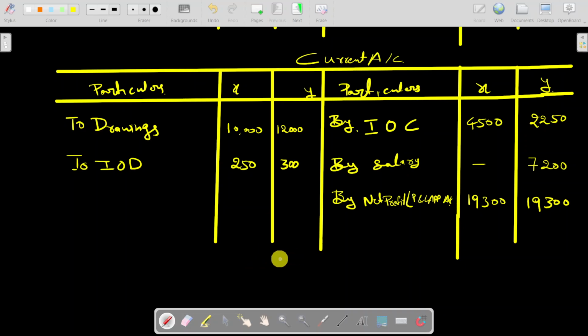So we have to do the balance here. We will get 23,800, 28,750 here.